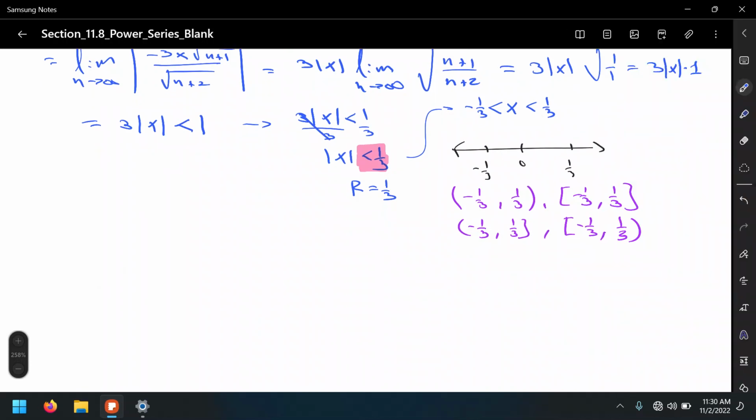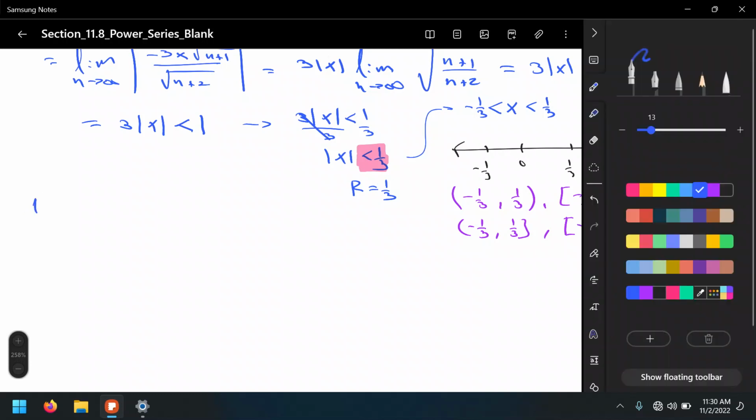All right, so test x equals -1/3. We're going to go back to the original series and test sigma n equals 1 to infinity, -3 to the n times -1/3 to the n, which is the number we will plug in, over the square root of n plus 1.